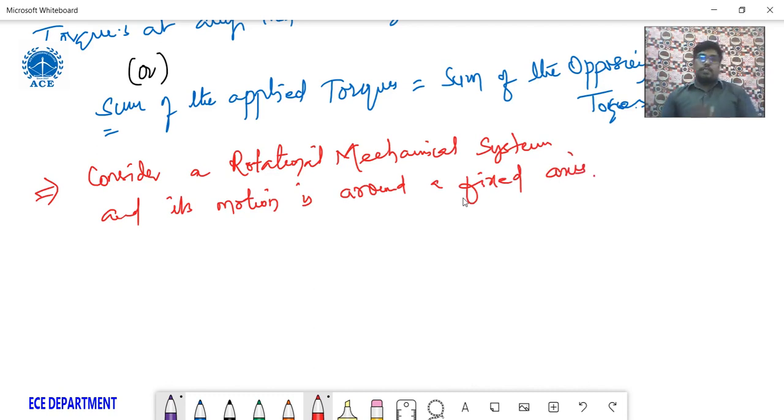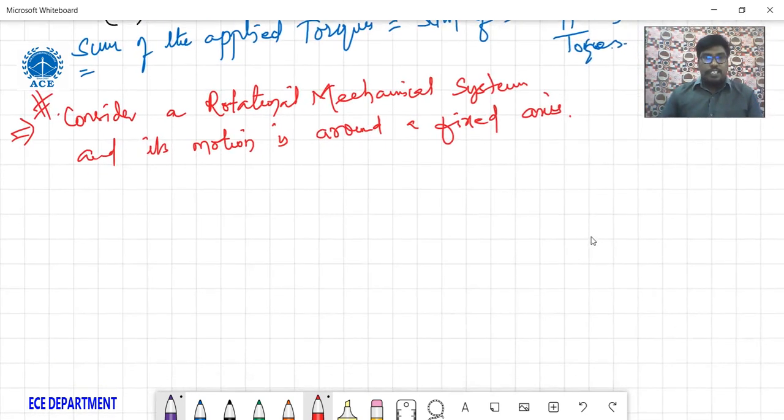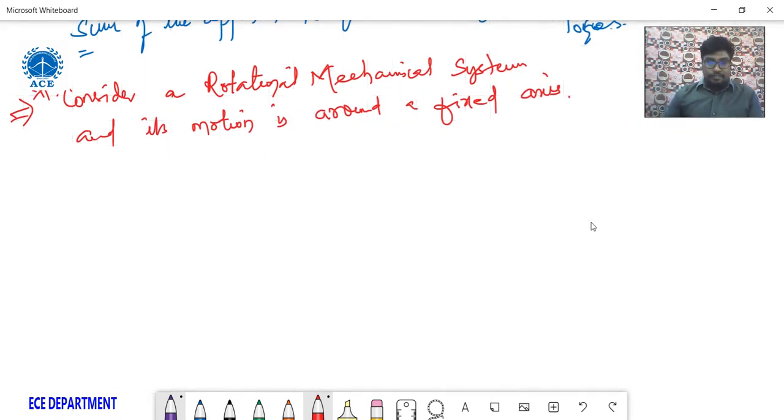For a rotational mechanical system, the motion is around a fixed axis. Let us see the diagram here. So this is my reference.